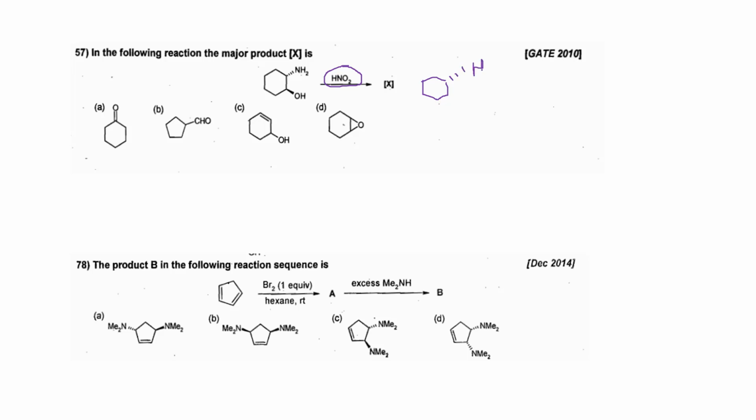We know that in pinacol-pinacolone, the leaving group will be eliminated, then there will be a shifting from the adjacent carbon. So N2+ will be generated. Now it will be eliminated, generating a positive charge. This is the semipinacol-pinacolone rearrangement. It will be OH.